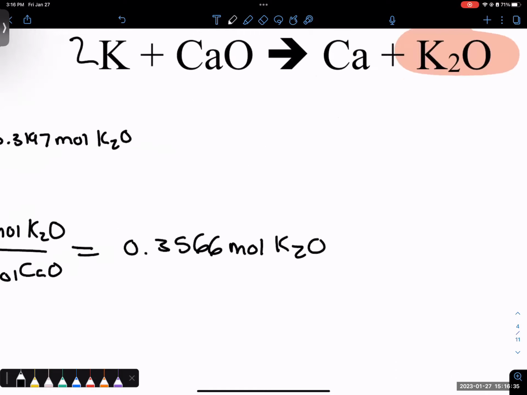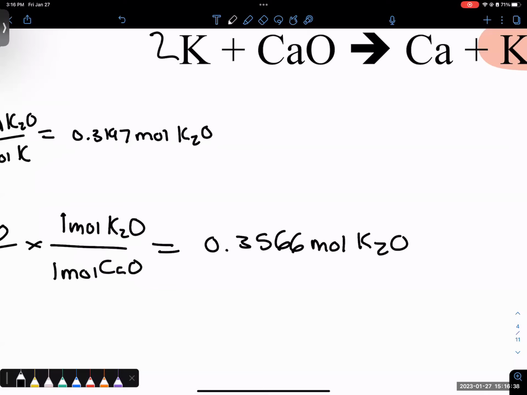So now we need to compare which one produced less. That's going to tell us which one was the limiting reactant, but it's not asking which one is the limiting reactant. It's just asking what the theoretical yield should be. So which one produced less?